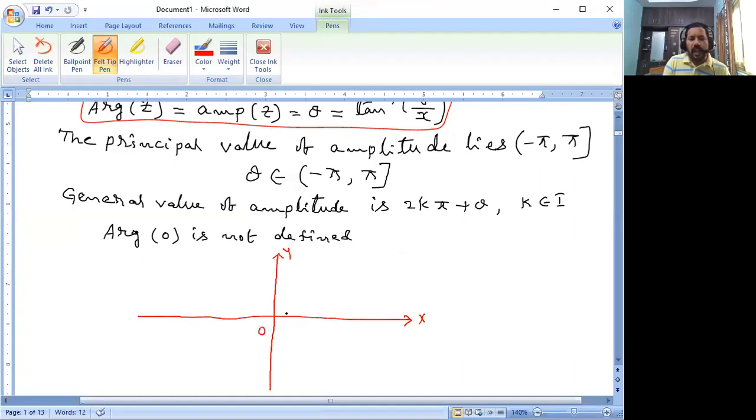Anti-clockwise direction means the angle regarded is positive, 0 to pi. Clockwise direction means negative, 0 to minus pi.